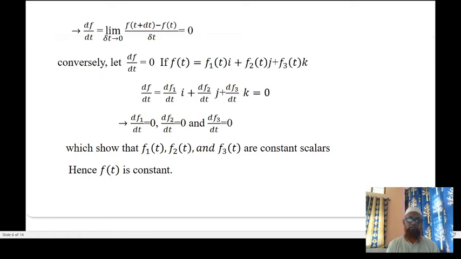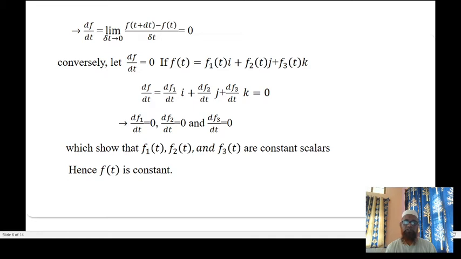Conversely, let df by dt equal 0, where f of t is f1 of t i plus f2 of t j plus f3 of t k. Then df by dt equal to 0 means each component is 0: df1 by dt i plus df2 by dt j plus df3 by dt k equals 0.